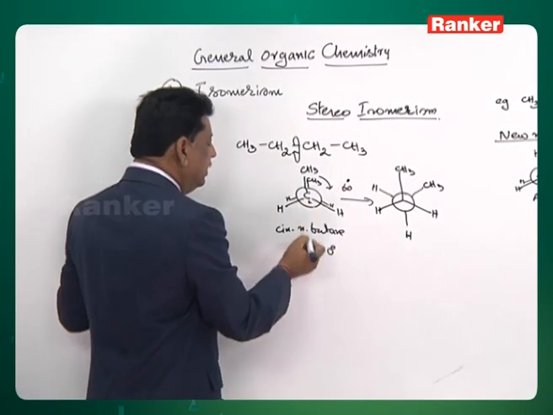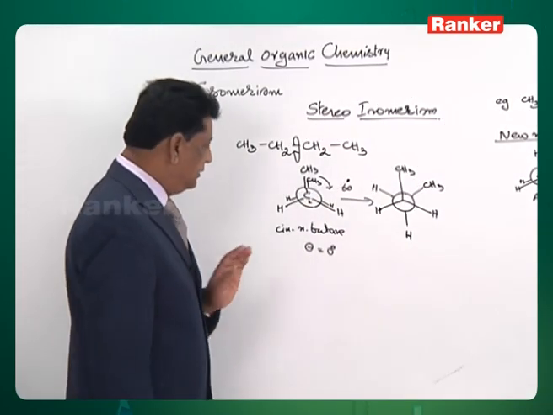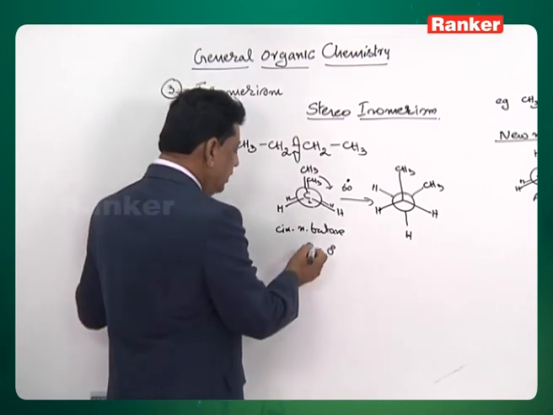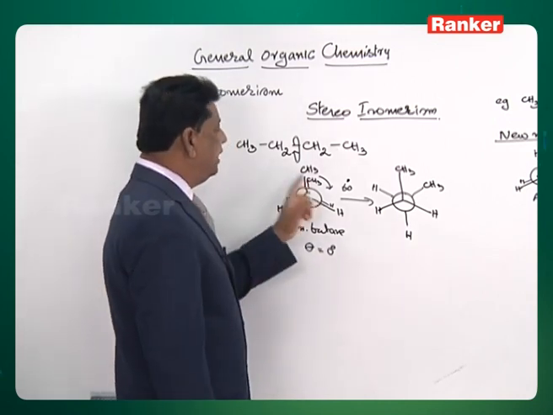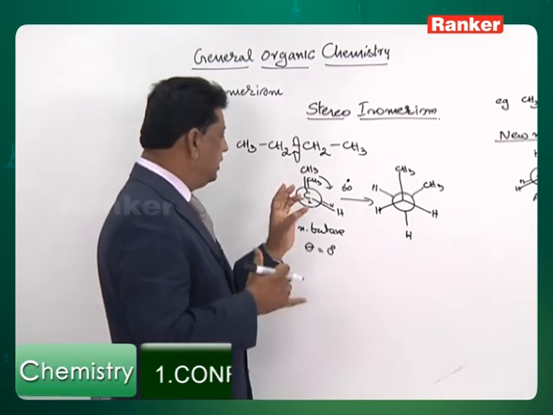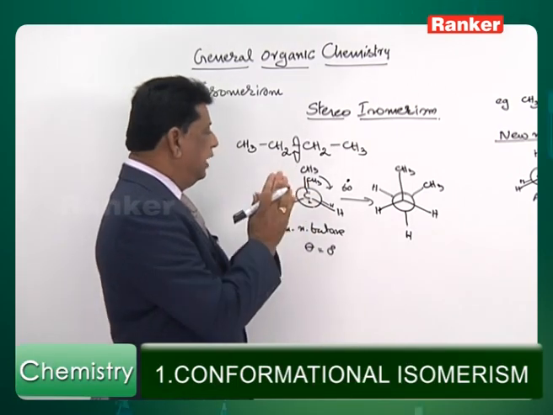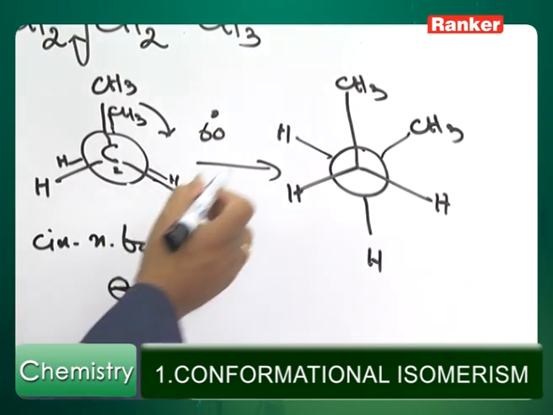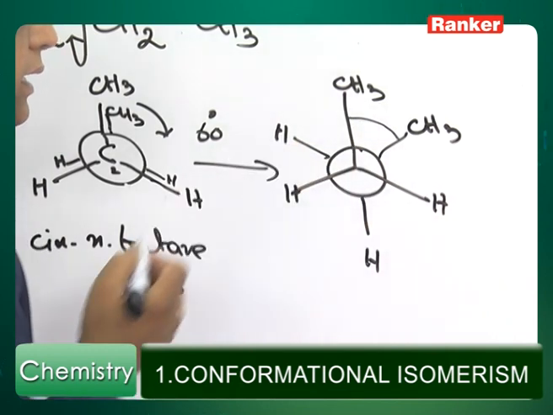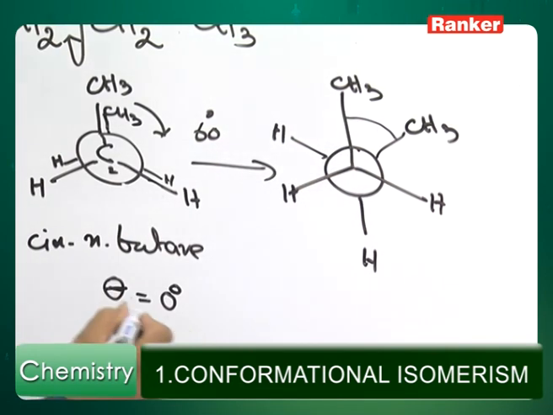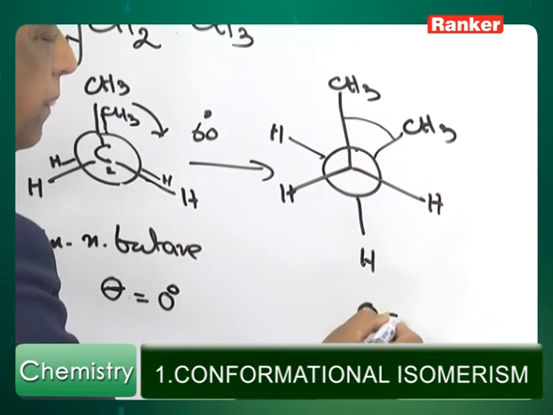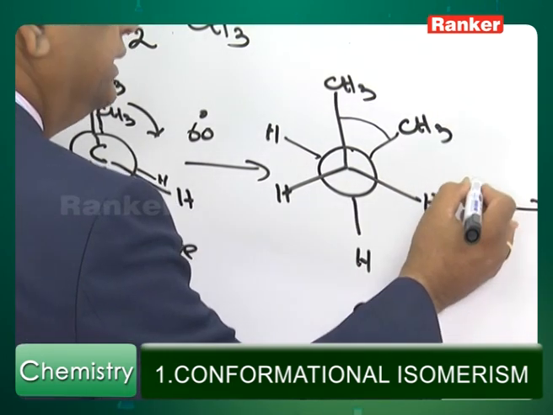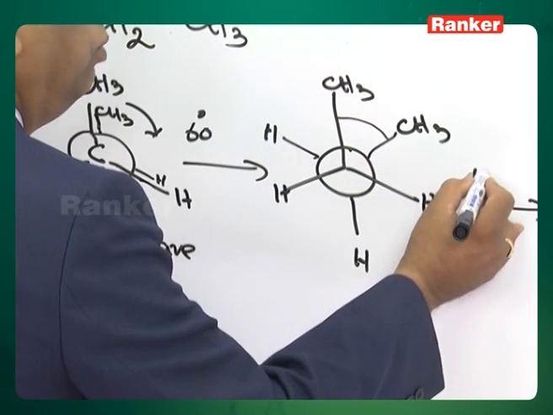It is also called the dihedral angle, because two tetrahedrons are there, they come into the same plane and then it is measured. So, once again, it is the torsional angle between these two, theta equals 60 degrees. Okay. Then once again rotate one more 60, plus one more 60 means total 120.